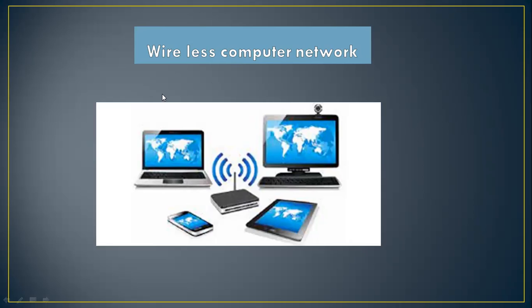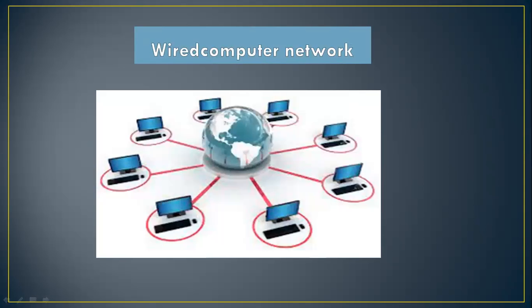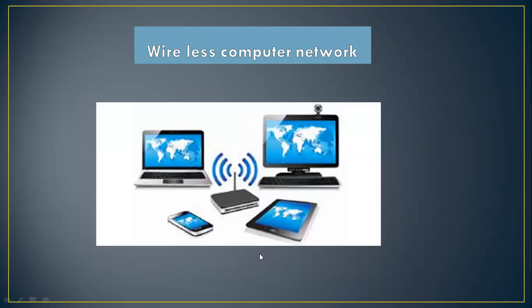We have desktop computer, laptop, tablet, mobile. All these are connected with the router without wire. They are connected with the help of Wi-Fi. So there are two things: wired computer networks, which consist of wires, and wireless computer networks.